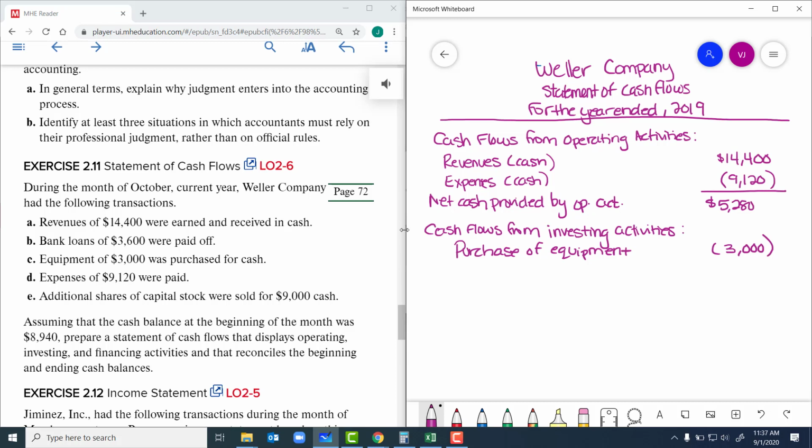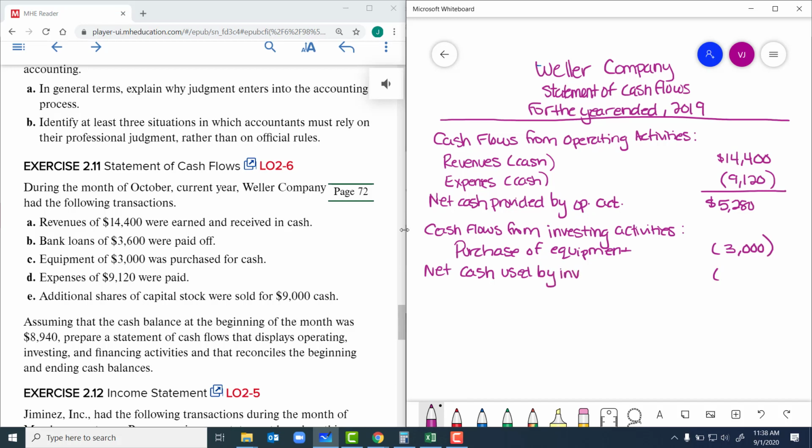In Connect, it'll almost always ask you for a subtotal, but since there's only one, the net cash provided by investing activities is a negative $3,000. But let's just go ahead and do that anyways. So net cash provided by investing activities, that is, and actually I should clarify that if it's a negative, we won't say provided by, but net cash used by.